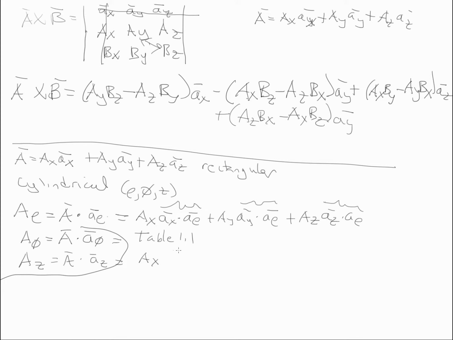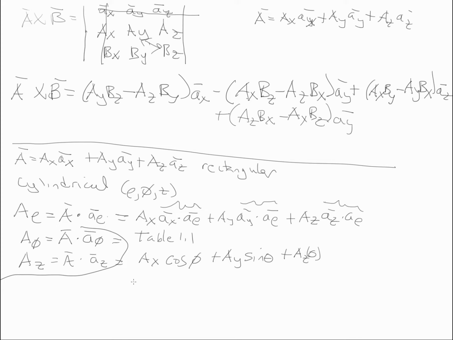So if you're using that table, then AX dotted with a rho is equal to cosine of phi. And then you have AY, and AY dotted with a rho is equal to the sine of phi. And then AZ, and AZ dotted with a rho is equal to 0.